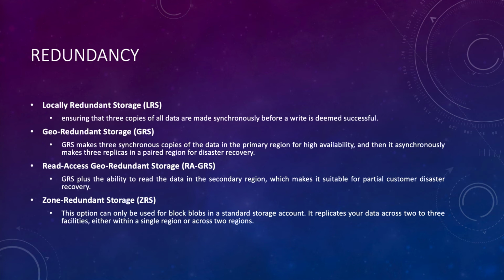So RA-GRS basically is GRS plus the ability to read the data in the secondary region, which makes it suitable for partial customer disaster recovery. If there is a problem with the primary region, you can change your application to have read-only access to the paired region.